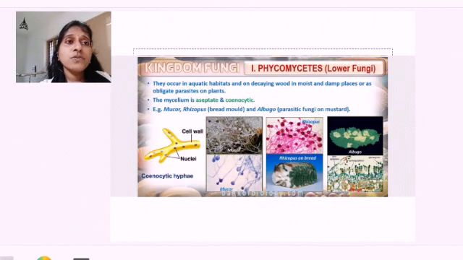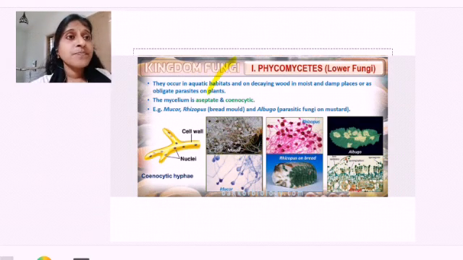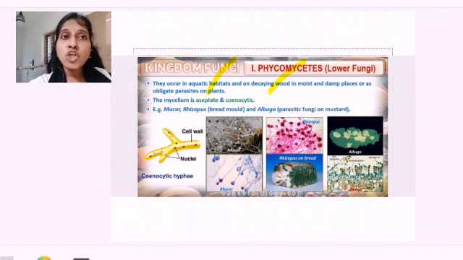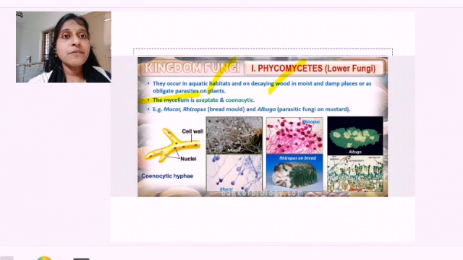The first one is Phycomycetes, the lower fungi. Phycomycetes occur in aquatic habitats, water bodies, or on decaying wood in moist, damp places where logs of wood are present. Or else they occur as obligate parasites. Obligate parasites means that in order to complete their life cycle, they have to stay for some time on a living host.